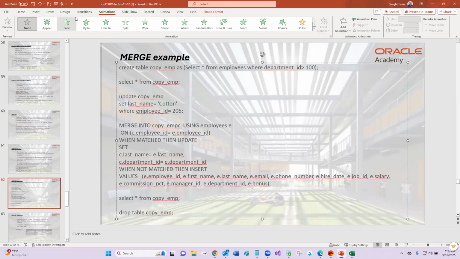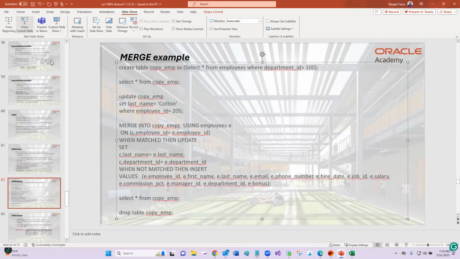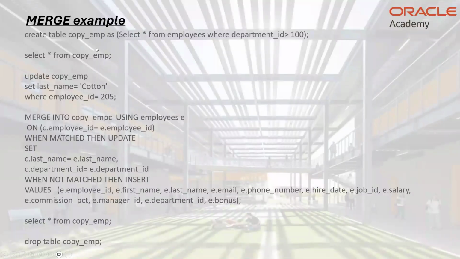Okay. All right, so we're creating this table, copy imp, and that's an AS, I should have uppercased that. It's using a subquery, so all employees in department 100 will be added to this table. We're just creating a copy of the table with one department, which is why I'm selecting it there.